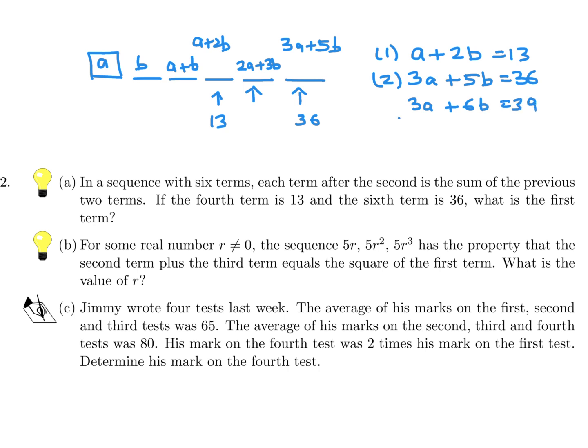And then if I subtract those, that would be 6B minus 5B is B, and then 39 minus 36 is 3. And then to get A, I just substitute it back in. So that's going to be A plus 2B, which is 6, is 13. So therefore, A would be 7.